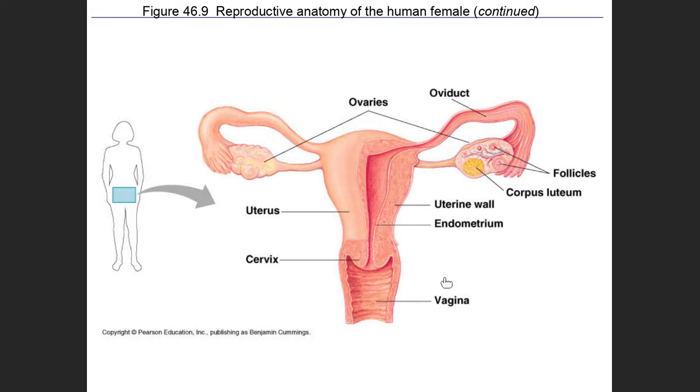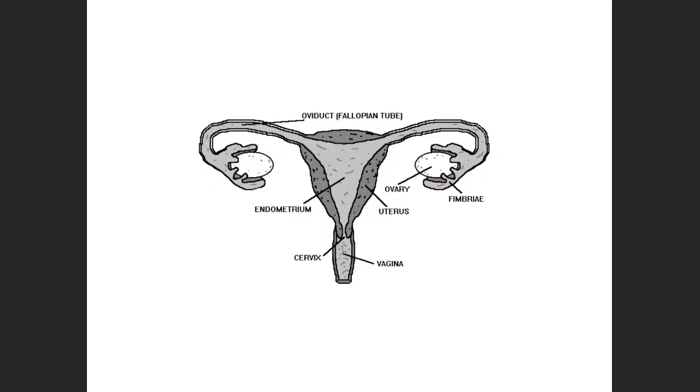Now, here's my picture of the female reproductive system slide, and it's very simple. You see, there's the vagina. The cervix is the opening to the uterus, which has some smooth muscle there. It has to open up to let out the baby. That's what they talk about when they say the woman is so many centimeters dilated.